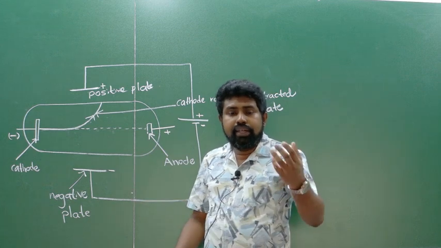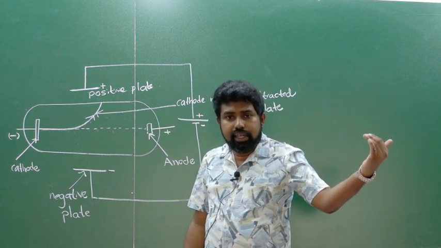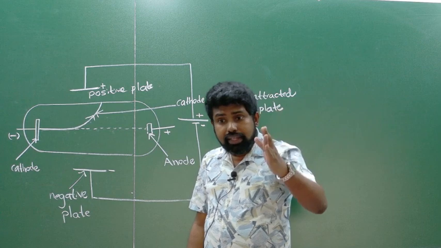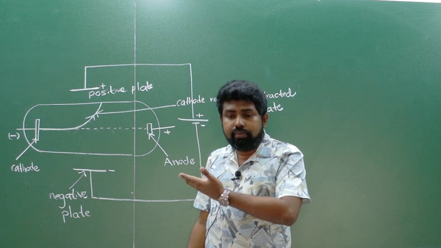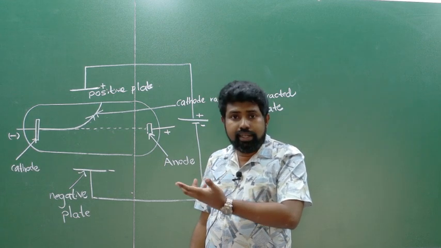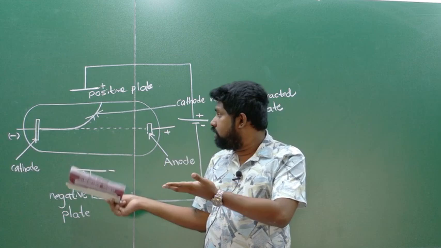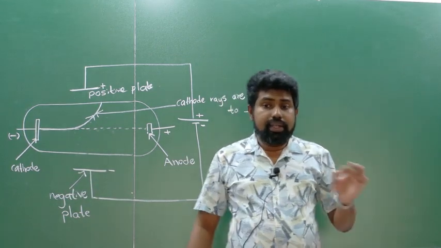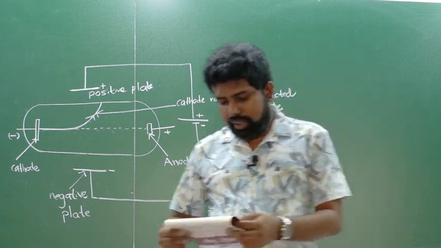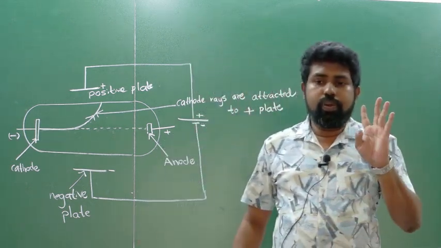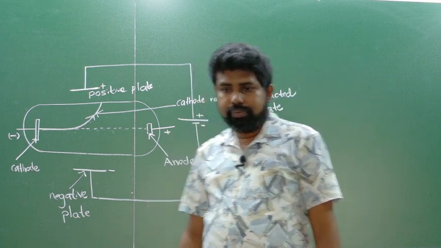After finding that there is an electrical charge in cathode ray particles, Thomson did this experiment to find whether the charge is plus or minus. Then he concluded from this observation that cathode ray particles are negatively charged. Write down number 4, the fourth property.